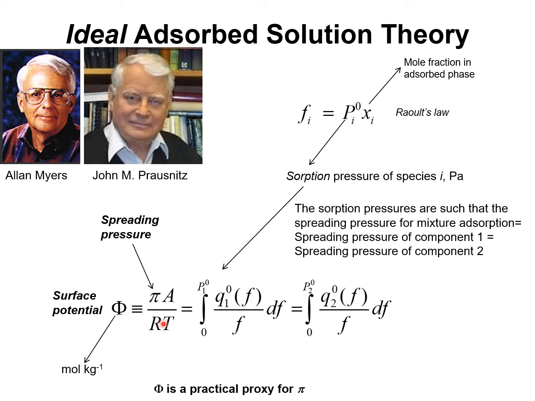The surface potential can be determined from information on the unary isotherms.